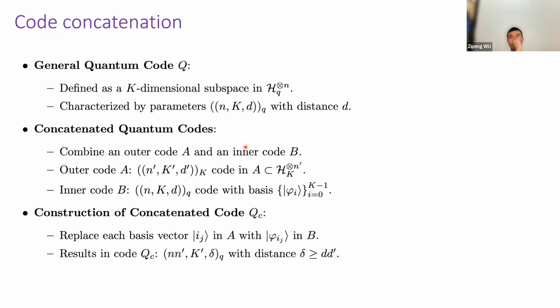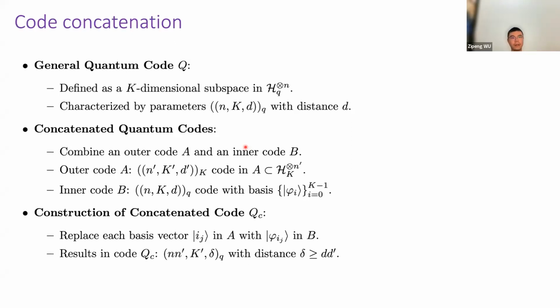So with this encoder diagram, we are now ready to use it for code concatenation. Concatenation is the idea that we have an outer code and an inner code. The quantum information is first encoded by the outer code encoder into a larger code space, and each qubit in that code space is used as the input for the inner code.